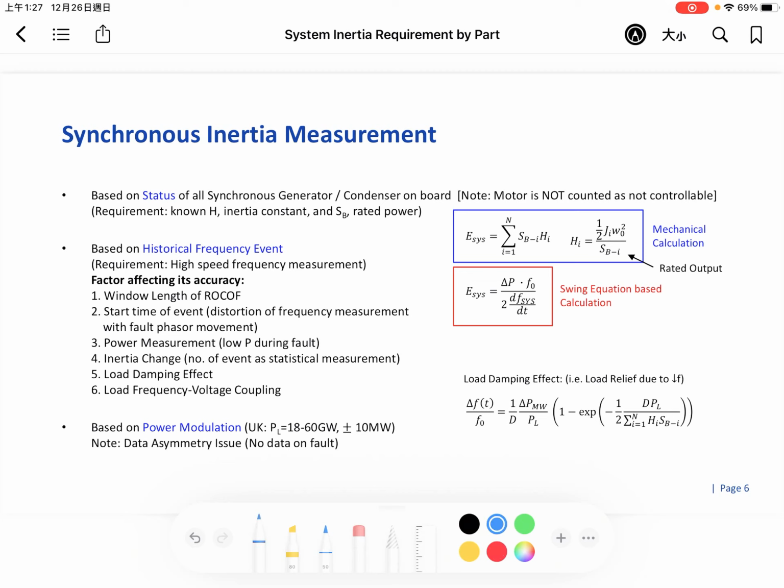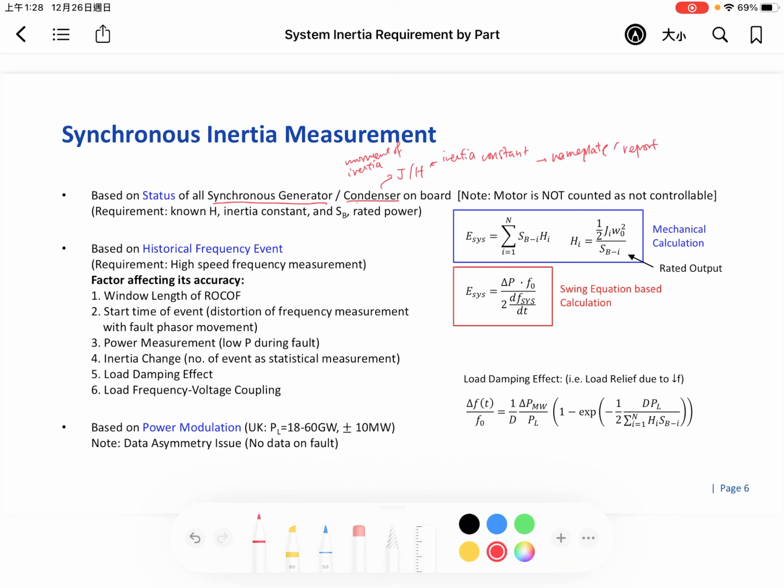The first way is to know the synchronous generator or condenser on board. It's the J or the H, this is the inertia constant or the moment of inertia of the generator. It is all mentioned in the nameplate or from the commissioning report.